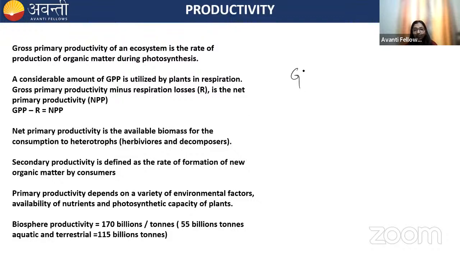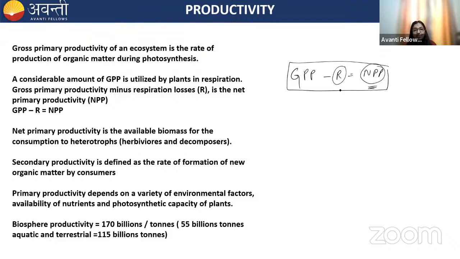And there's a relation between the gross primary productivity and the net primary productivity. This is the relationship. Net primary productivity is the available biomass for consumption to the heterotrophs. Heterotrophs could be a herbivore or the decomposers.